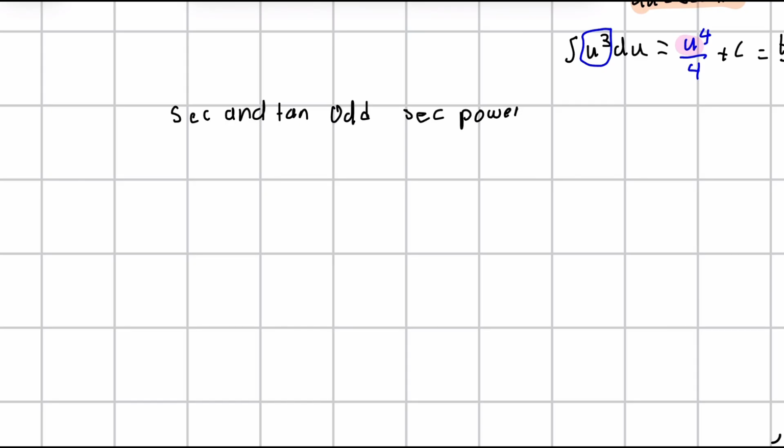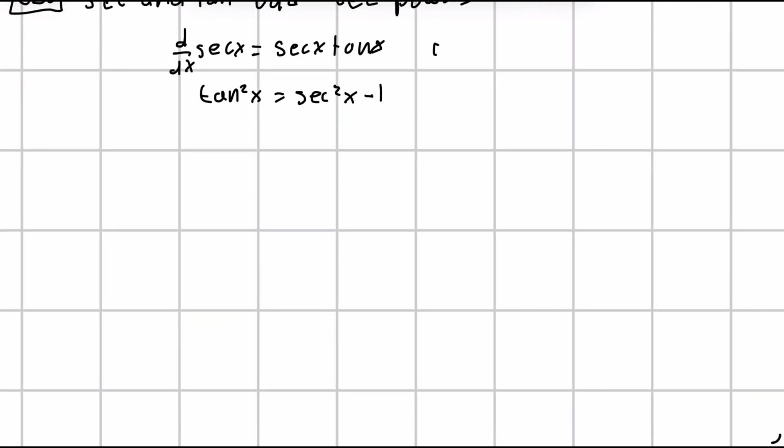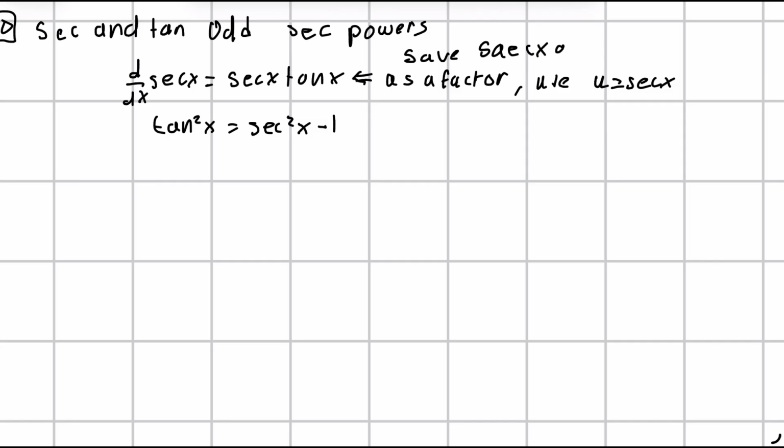So then now let's handle our case where we have secant and tangent with odd secant powers. So all we have to do in this case, pretty easy, we just have to memorize that d over dx of secant x is equal to secant x tangent of x. So if you have tangent squared of x, this is equal to secant squared of x minus 1. So basically, if you have secant x tan x as a factor, we are going to use u equal to secant x. So basically, we're going to save secant x tan x dx.